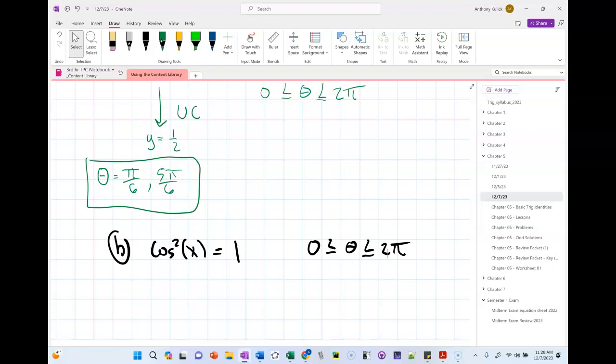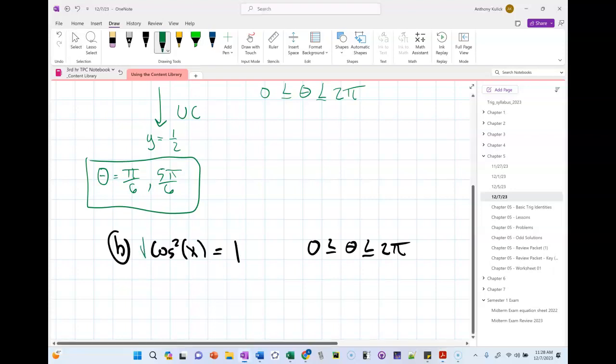I need a regular trig function by itself. Right now, what do I have? Cosine squared. How do I get rid of the squared? Yeah, we'll square root both sides.